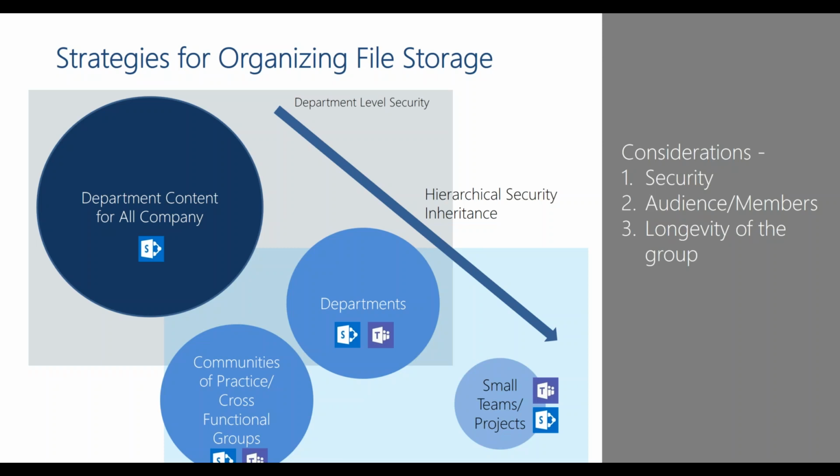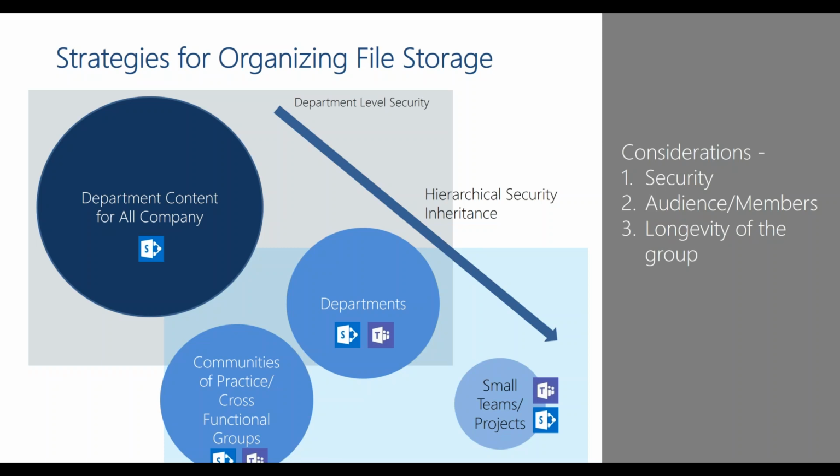The next piece is audience members and members of those groups, looking at who you're collaborating with, who needs to see the content, and then finally the longevity of the group. How long will this group exist? How important is it that a group is able to see this content for an enduring amount of time?